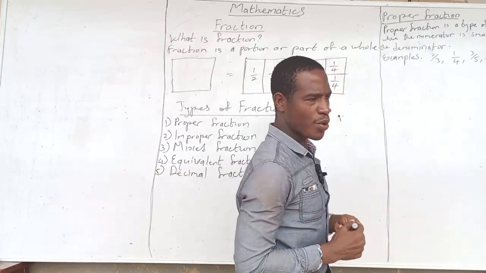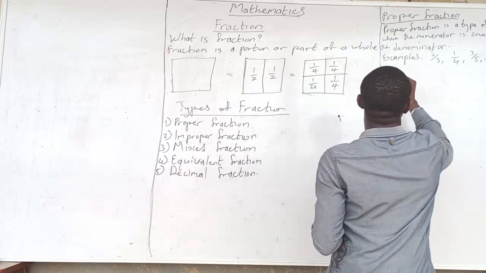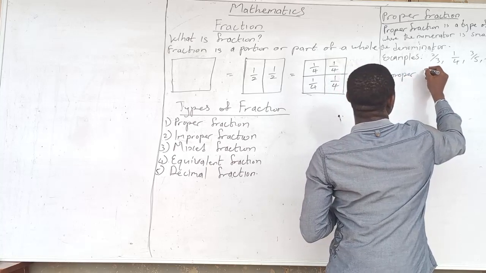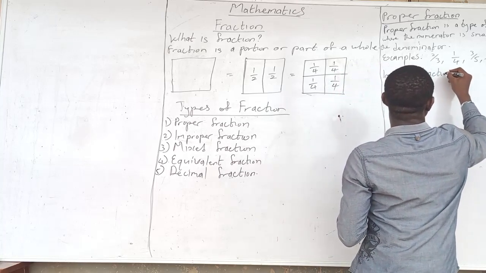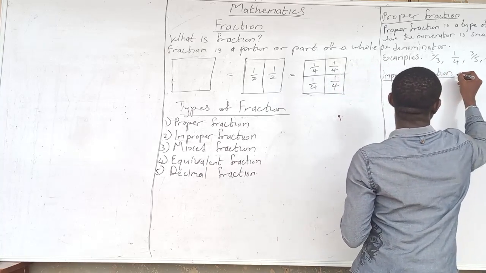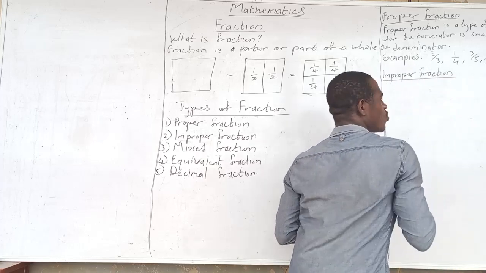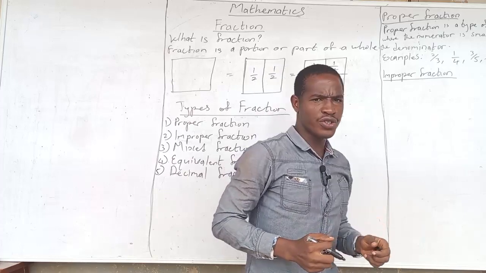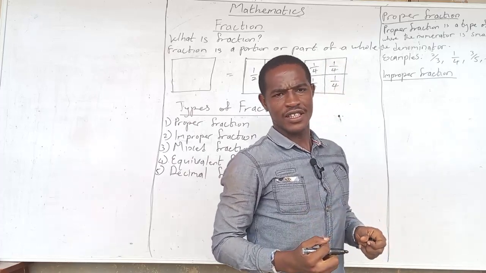Now let's look at improper fraction. Now, what is improper fraction? This is a type of fraction whereby the numerator is always bigger than the denominator.